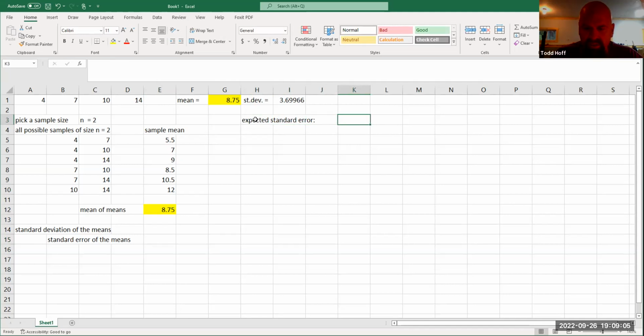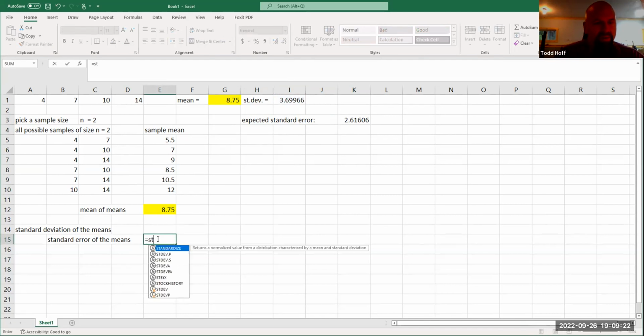And that's just going to be the population standard deviation, or here, the 3.6996, divided by the square root of the sample size, which is 2. So we would expect this standard deviation of these sample means to be about 2.616 if we had an infinitely large population.